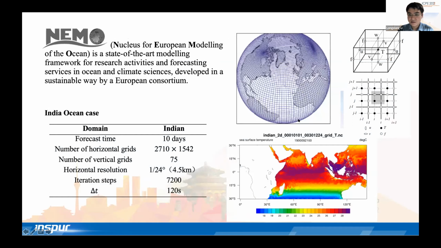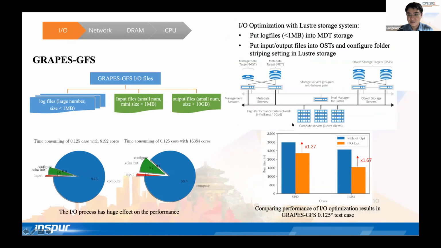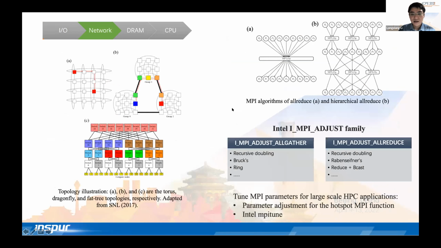We can also change the algorithm of the MPI functions, such as changing from send-receive to a hierarchical algorithm.